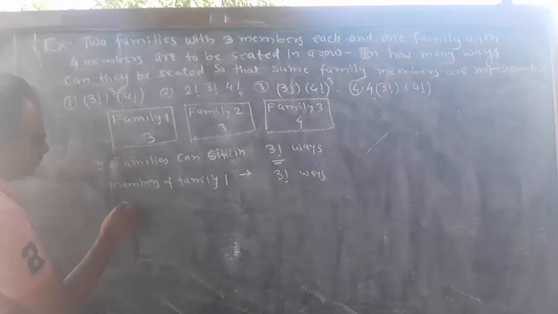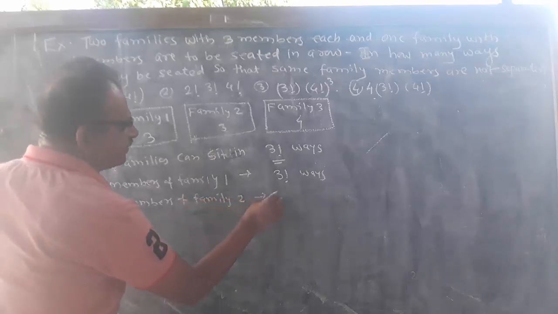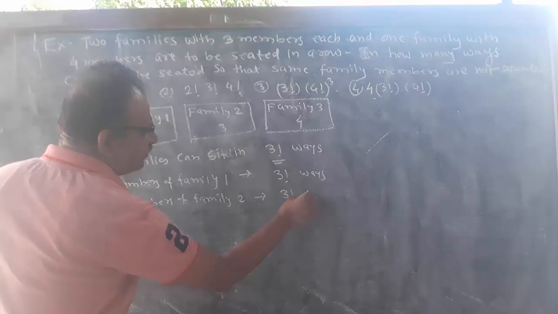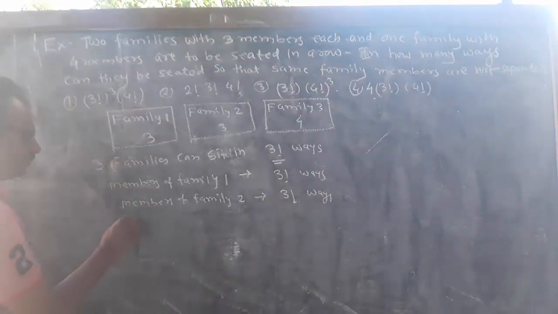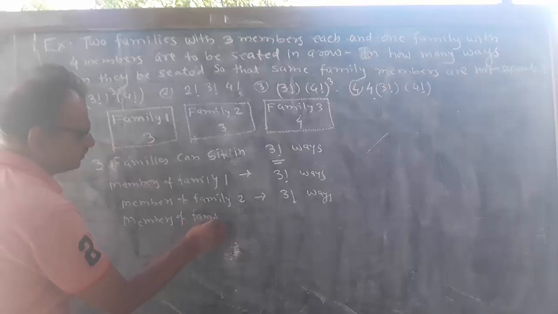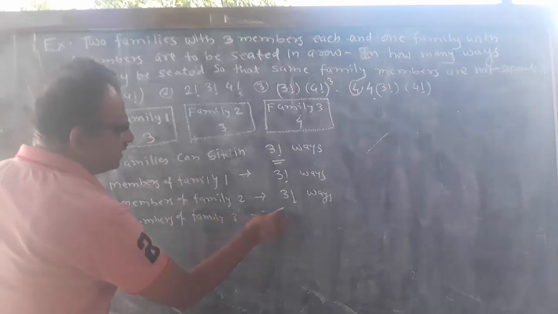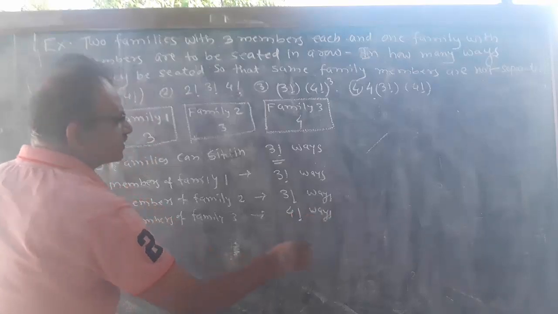Members of family 2 can sit in 3 factorial ways because they have three members. Members of family 3 can sit in 4 factorial ways as they are 4 members.